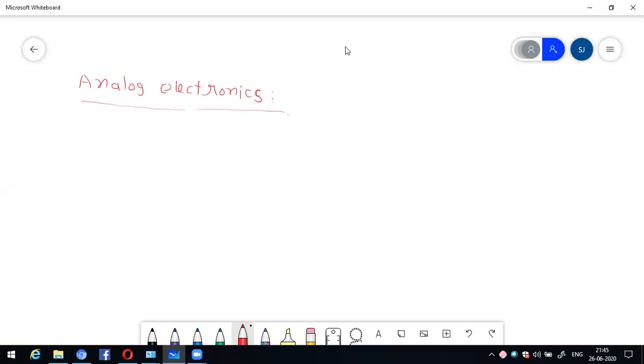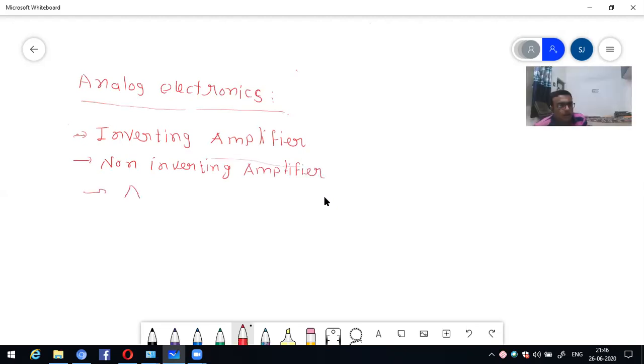So in analog electronics, we have discussed the concept of inverting amplifier, non-inverting amplifier, and application of operational amplifier.